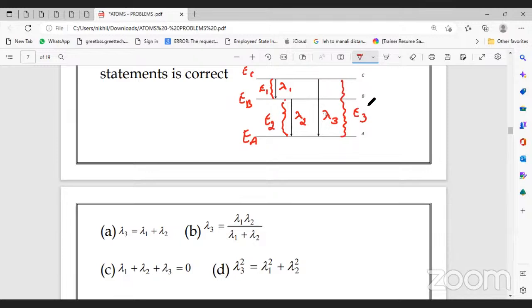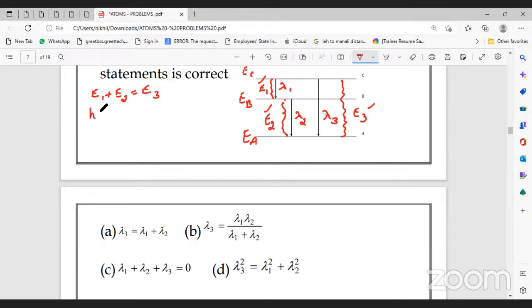By conservation of energy, E1 plus E2 must be equal to E3. The energy from C to B plus the energy from B to A must equal the energy from C to A.